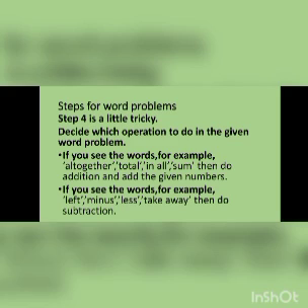If you see keywords like altogether, total, in all, sum, join, or together, then you do addition in step number 4 and you will add the given numbers. But if you see and box keywords like left, minus, less, take away, difference, then you will do the subtraction in step number 4.